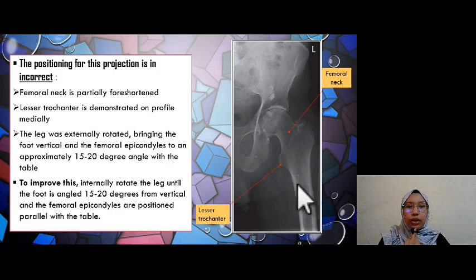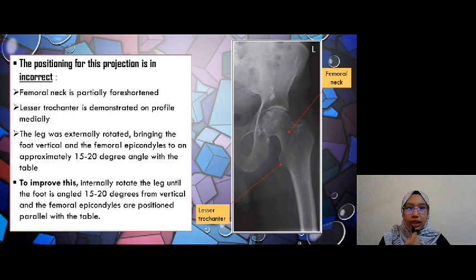To improve this, internally rotate the leg until the foot is angled 15 to 20 degrees from vertical and the femoral epicondyles are positioned parallel with the table.